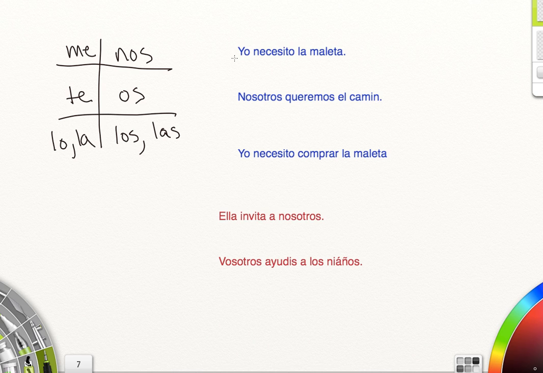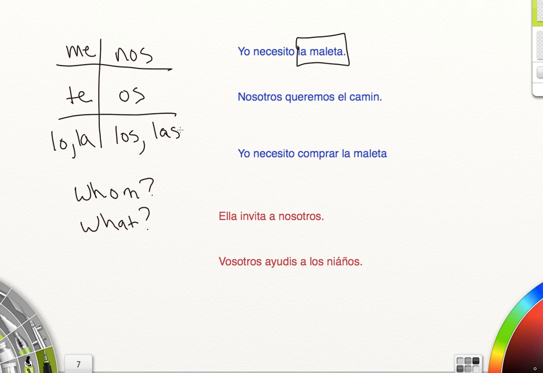All right, yo necesito la maleta. Remember our questions, whom, what? If I ask myself, I need what? The suitcase. I need to replace la maleta with a direct object pronoun.